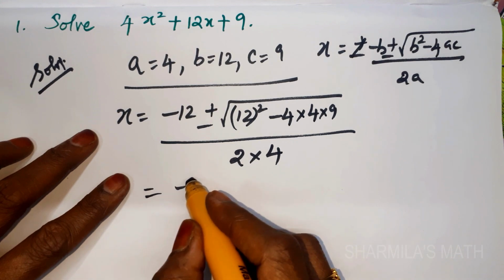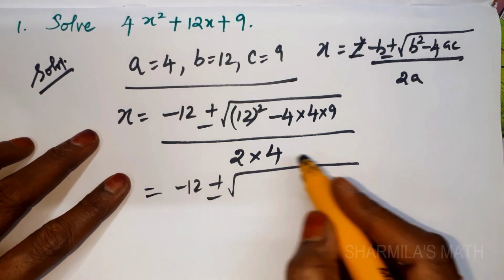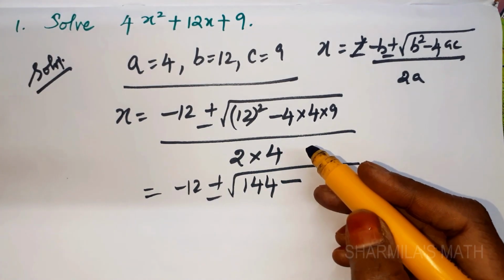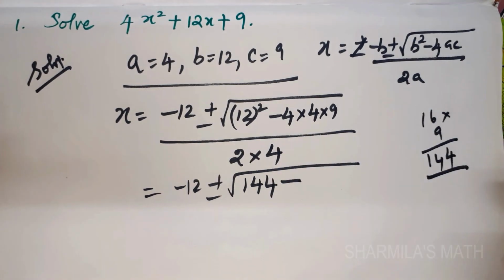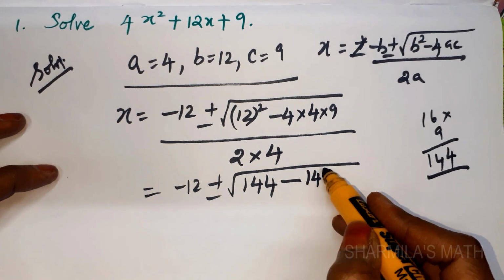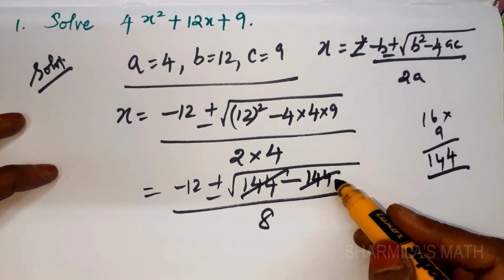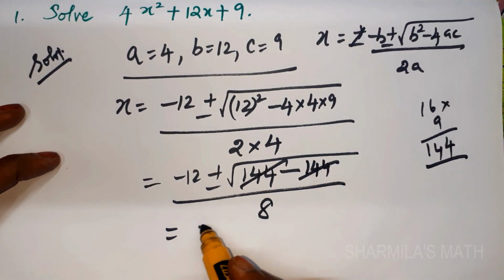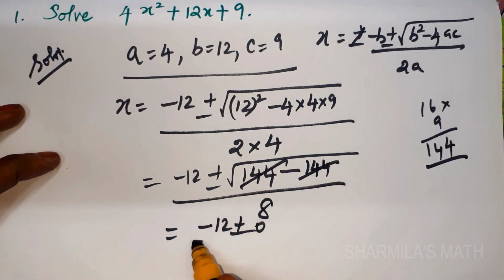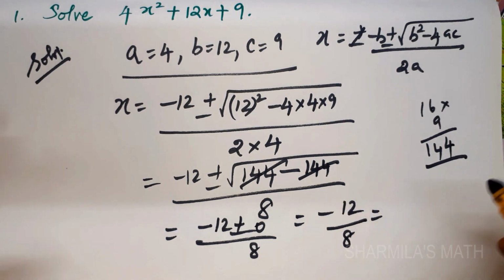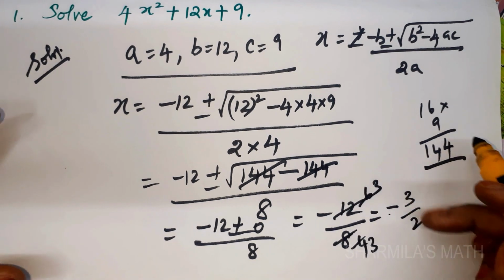So which is equal to minus 12 plus or minus root of 12 squared is 144 minus 4 fours are 16, 16 into 9 is 144. So 144 minus 144 by 8. These two will get cancelled. Square root of 0 is 0, which is equal to minus 12 plus or minus 0 by 8, which is minus 12 by 8, which is equal to minus 3 by 2.